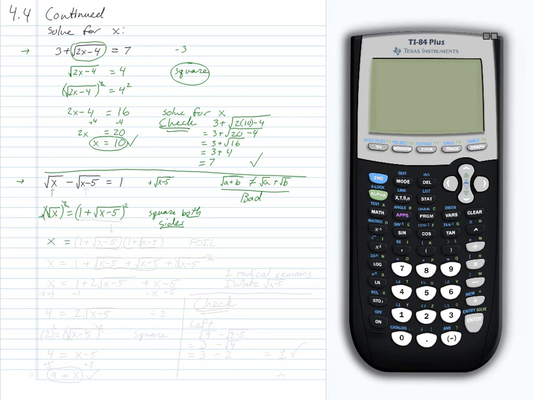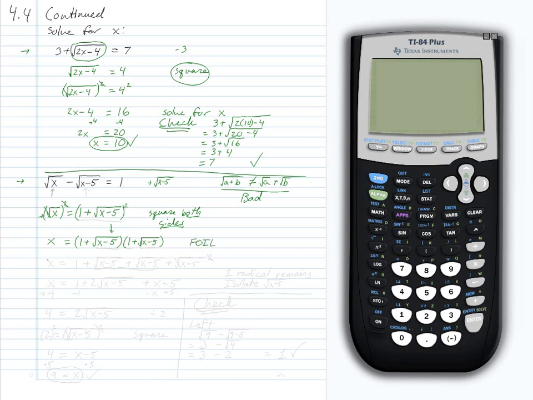However, on the right, things are a little bit more complicated. 1 plus radical x minus 5 squared is equivalent to 1 plus radical x minus 5 times 1 plus radical x minus 5. So we can view this as the product of binomials, which means we need to FOIL.